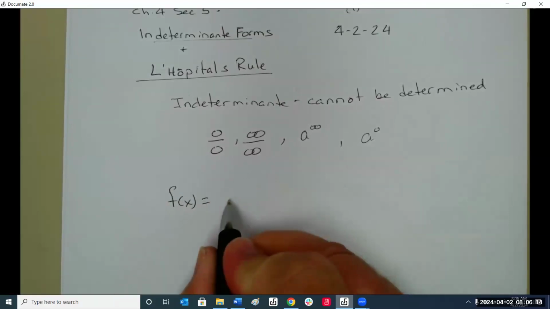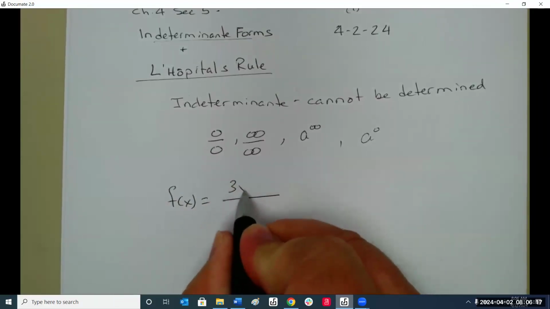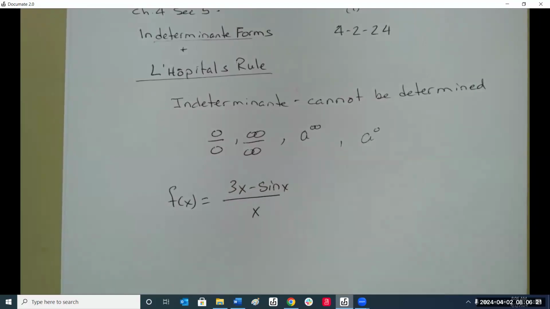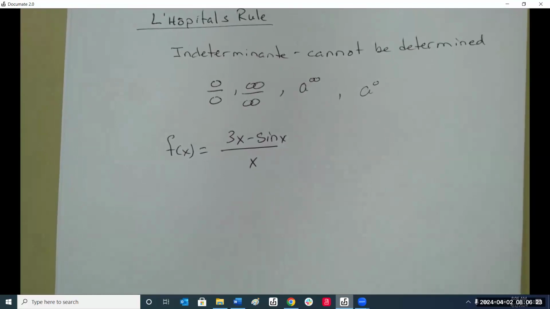So whenever we have equations like that, for example, the example we have on our sheet, f of x equals 3x minus sine x over x. From chapter 1, chapter 2, when we first learned about the limit theorem, we don't take limits at easy numbers.